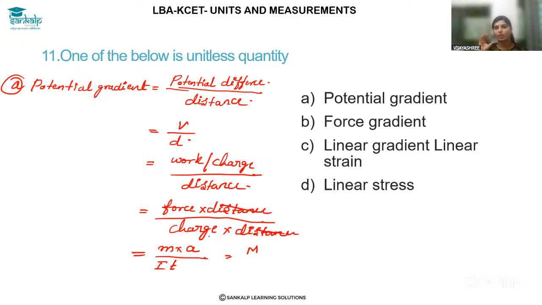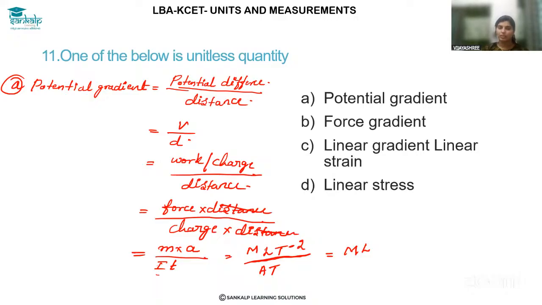Acceleration is velocity divided by time. Its unit is meter per second squared. Meter is a unit of length. Second raised to minus 2 means time raised to minus 2, divided by I, the current. The dimensional formula of current is A, and time is T, which gives M L T raised to minus 2 divided by A T. T raised to 1, if it goes to the numerator, becomes T raised to minus 1.